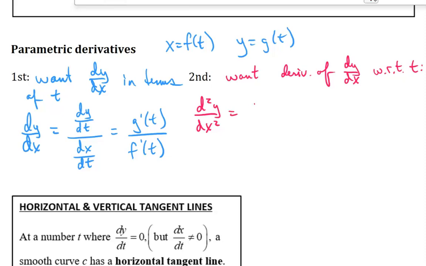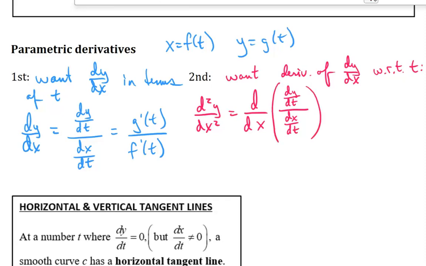So this means we are taking the derivative with respect to something of the first derivative. And if you're thinking, what's that something? Well, if I want this to be d squared y over dx squared, I need an x here. Okay, and I'm taking the derivative of the first derivative, which I already know to be dy over dt over dx over dt.